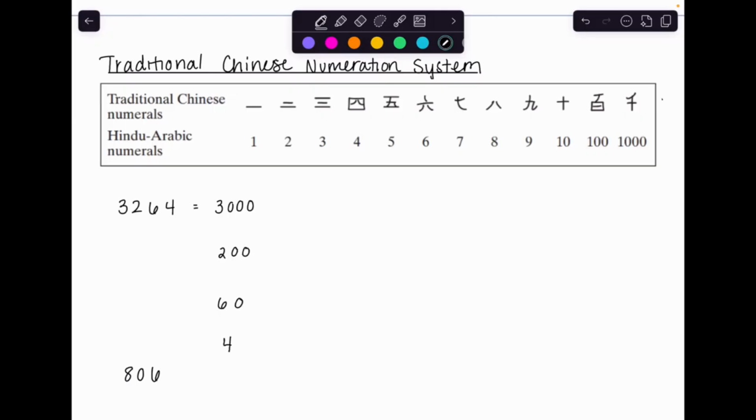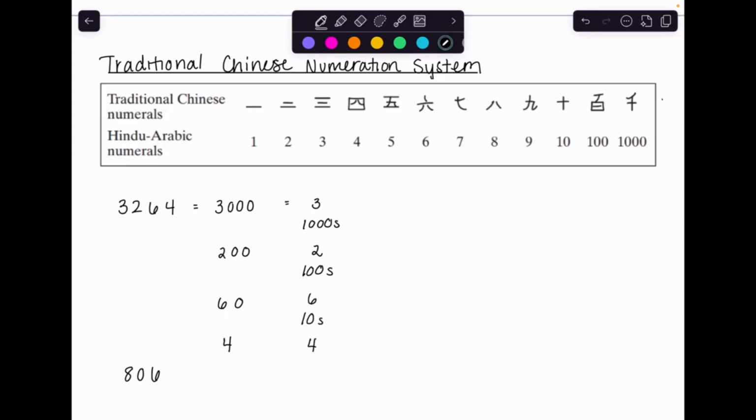So broken it down based on placeholders. This means we have 3 1,000s. We have 2 100s. We have 6 10s. And then we have 4 1s.